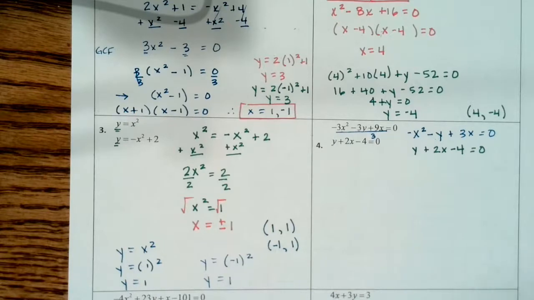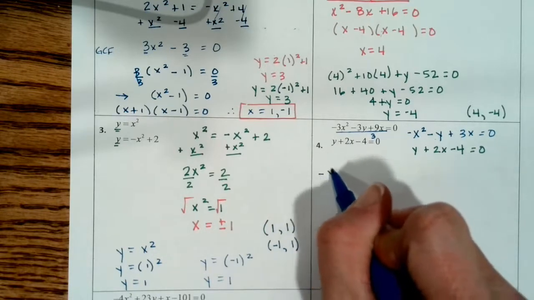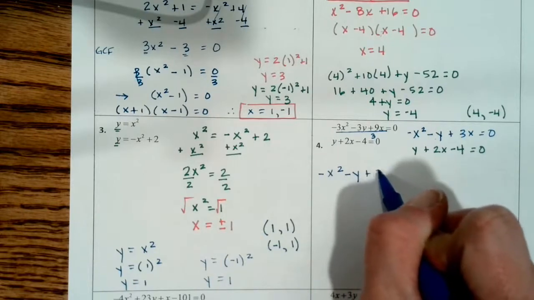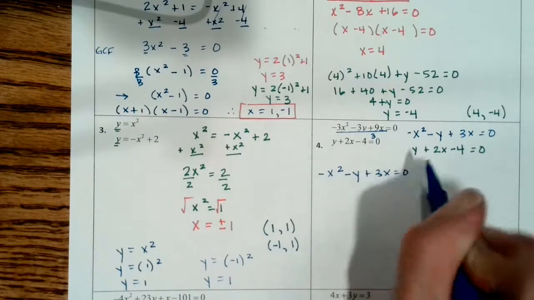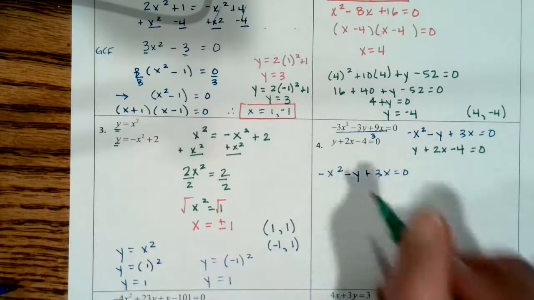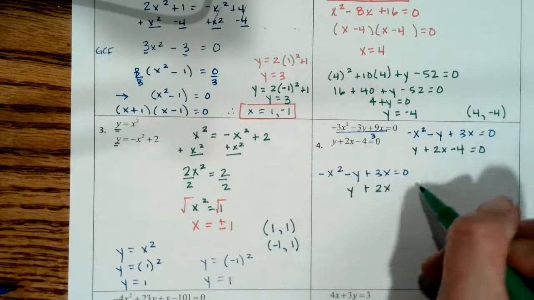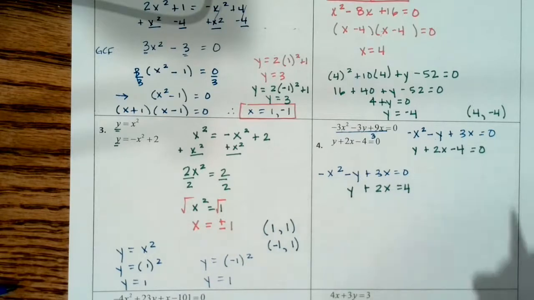I'll rewrite both equations. -x squared minus y plus 3x is equal to 0. And I have positive y plus 2x is equal to 4.